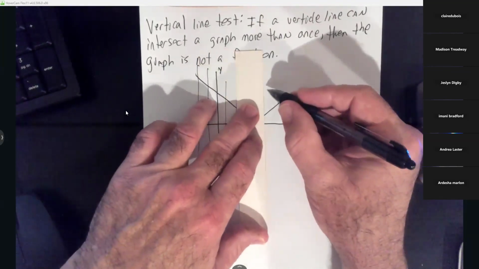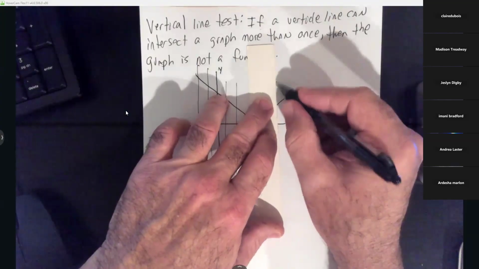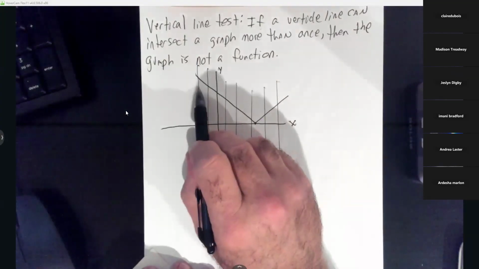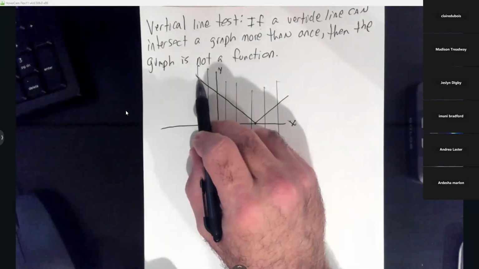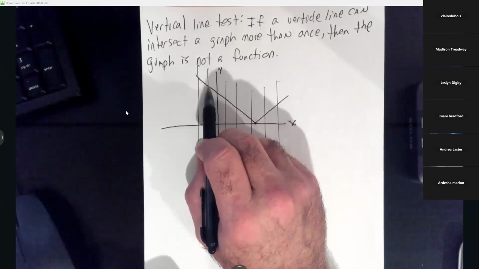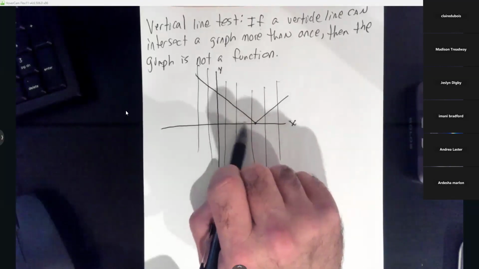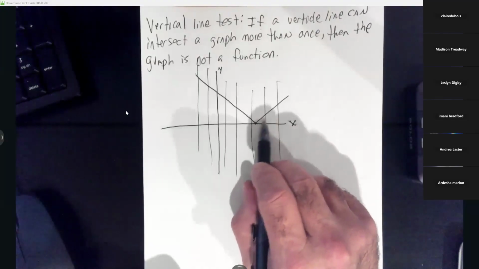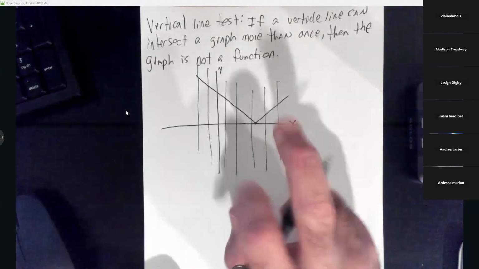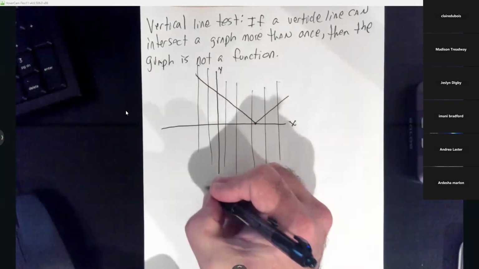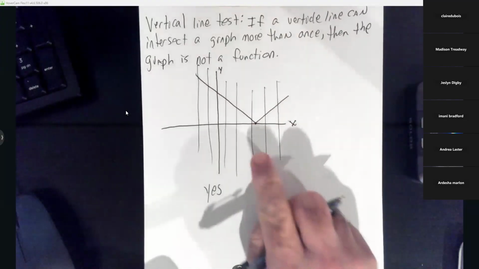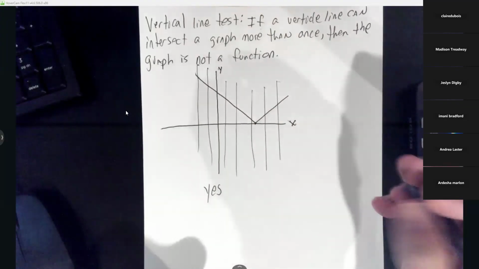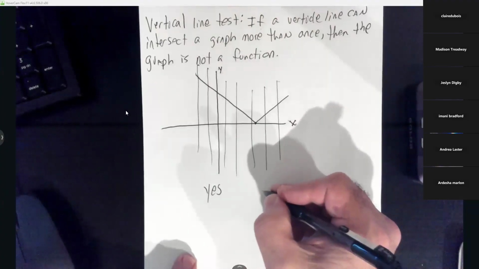You can draw vertical lines anywhere on this graph. But look, this vertical line only intersects it once. This vertical line only intersects it once. No matter where I draw these vertical lines, they only intersect this graph at one point. Okay, so this one is yes, a function.